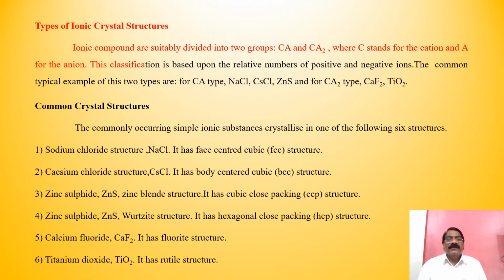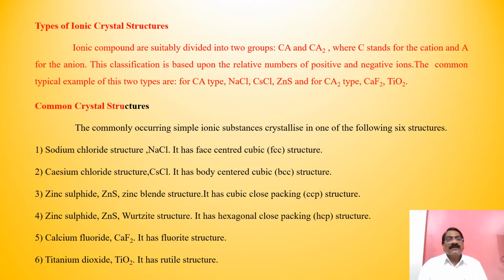This classification is based upon the relative numbers of positive and negative ions. The common typical examples of these two types are, for CA type, NaCl, CsCl, ZnS, and for CA2 type, CaF2 and TiO2.